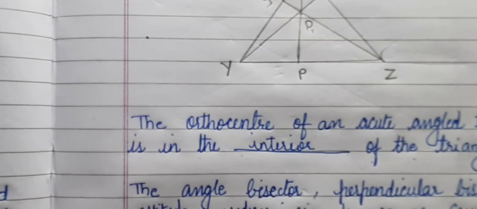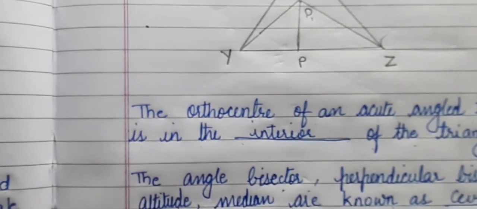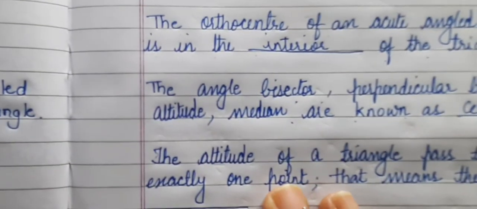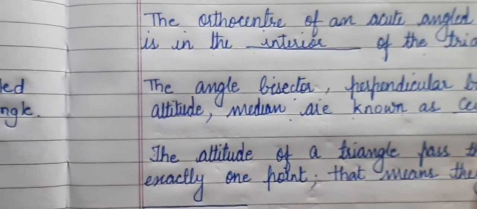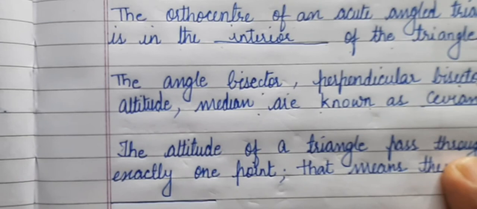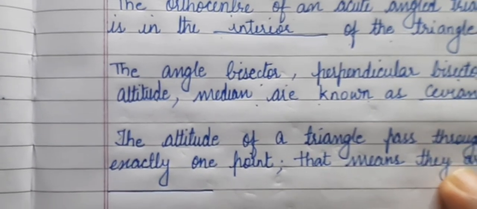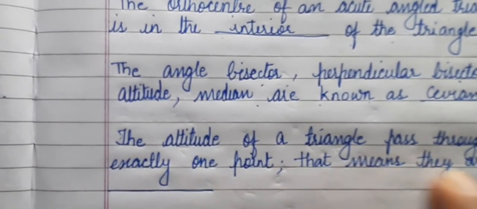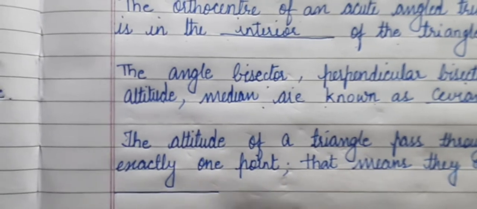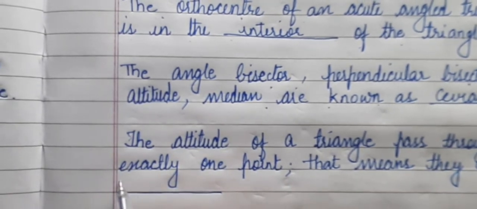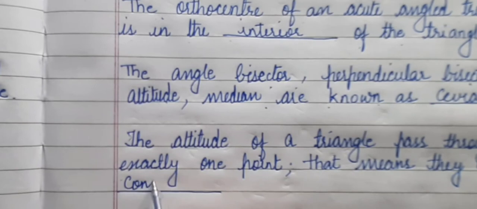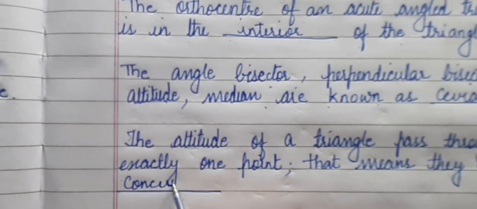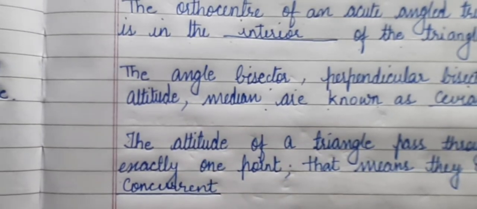The altitudes of a triangle pass through exactly one point, okay. That means they are what? They are concurrent. Concurrent, okay.